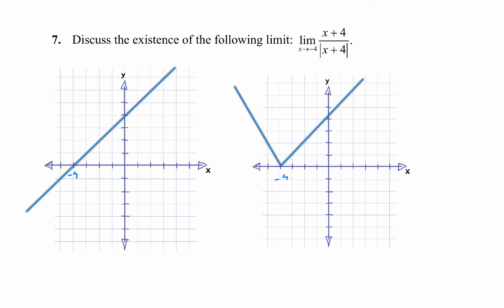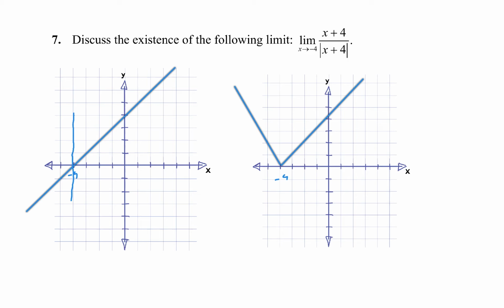So what happened here? When I divide the numerator, the rectilinear line, you see, this is to the left of minus 4. When I divide this function to the left of minus 4 by this function, it will be minus 1.